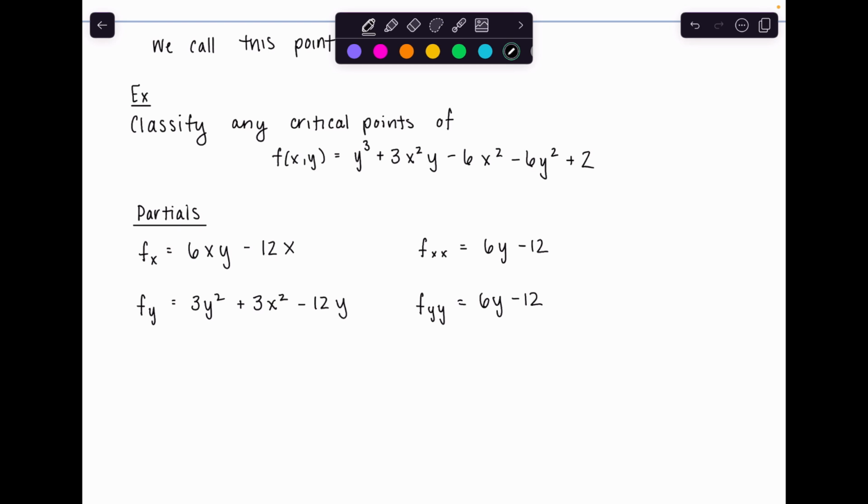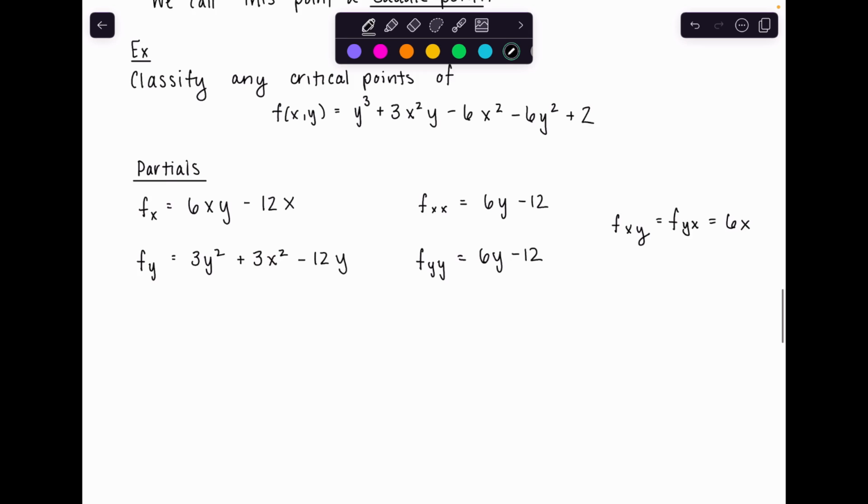It's just, in this case, it was. And then finding that mixed partial, again, because we're taking their derivatives, they better be the same. So the derivative of this with respect to y will be 6x. And same thing if you took the derivative of this with respect to x, 6x. Okay. So I've got all my partials out of the way.